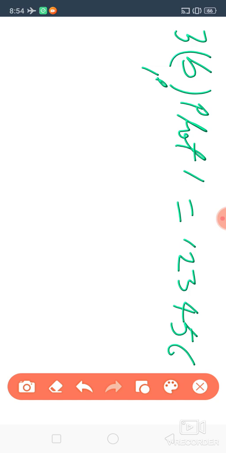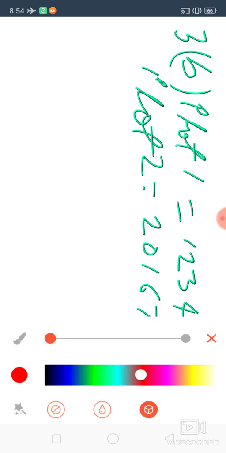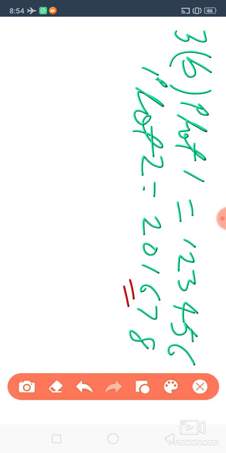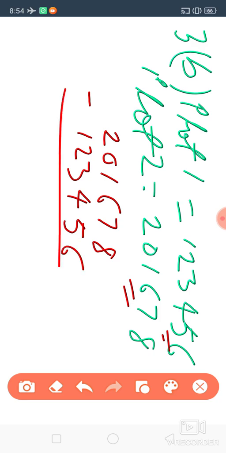And the cost of plot 2? 2 lakh, then 1,678. Okay, now this plot is how much more than this? So what we have to do is subtract this one. So 2 0 1 6 7 8 minus 1 2 3 4 5 6. We have to subtract this part.